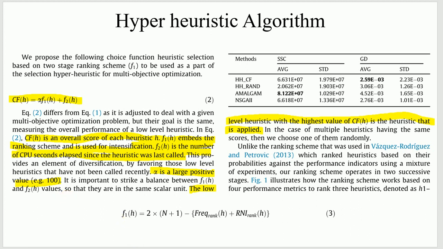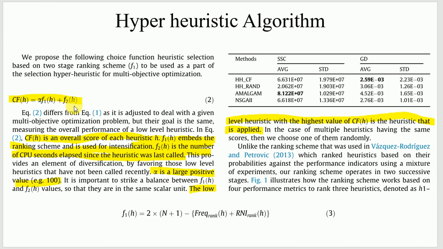It has a component function f1h, which is used for intensification, and it has another component function f2h, which has been described earlier. It is used for diversification. So it has both an intensification component and a diversification component, and it balances these two. So it is a very good choice function to be used.